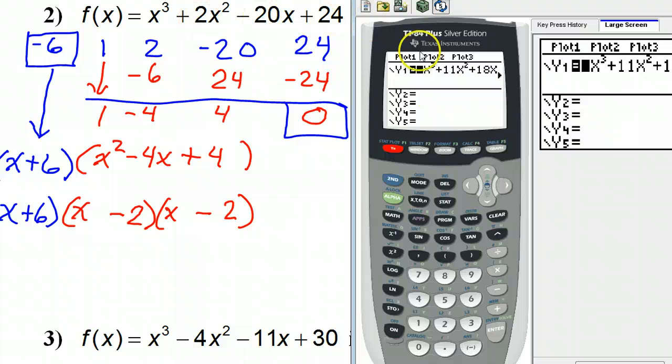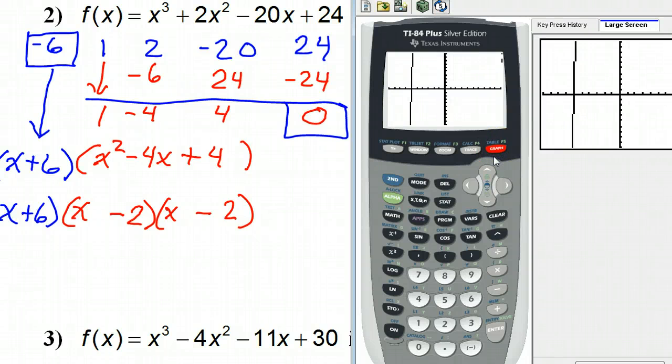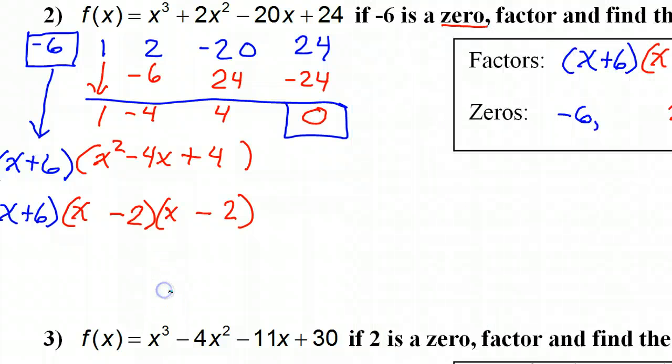Okay, so I'm just going to type in this whole thing right here. All right, so I've typed it in. Let's take a look at the graph, see what we've got. Okay, and you can see this graph, it's going up and it goes off screen and it comes back down and it goes up again. So it is making that shape like we would expect from a cubic.